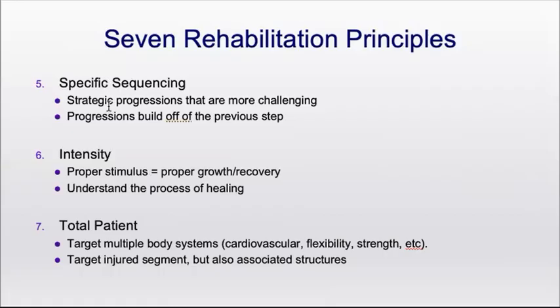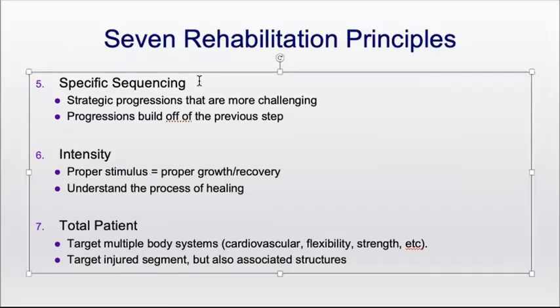The last three, 5, 6, 7, specific sequencing, intensity, and think about the total patient. You do need to think about the sequencing of your exercises. Obviously, you're not going to do the heavy lifting or a squat or a max deadlift as the first thing you're doing. You need to have some sort of strategic plan and include progressions along the way.